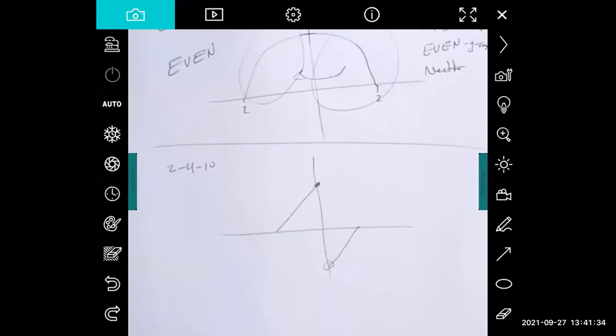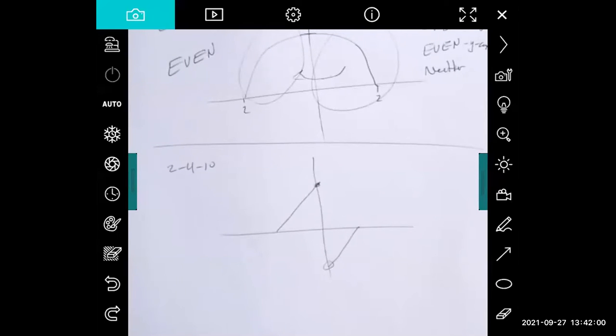But since you can't use this point at -4, it doesn't map to +4. That's the only reason. Other than that, it would have been symmetric about the origin, because all I did was change the signs of the numbers. So that one's neither odd nor even because of that one point.